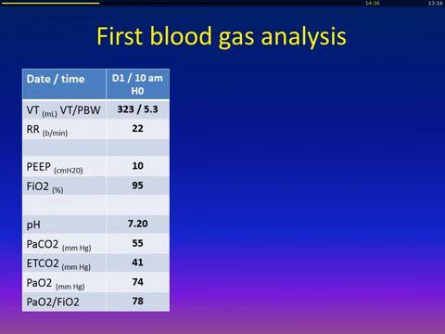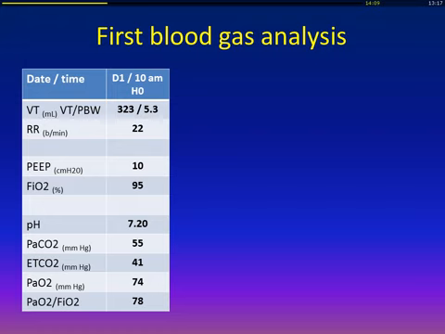So half an hour later, we may have a blood gas analysis that shows that with 10 of PEEP and 95% of FiO2, PaO2 is very low with a PaO2/FiO2 ratio below 100, so it means it's a severe RDS case. At the same time, we see that there is a severe acidosis, which is mixed, both metabolic and also due to hypercapnia.